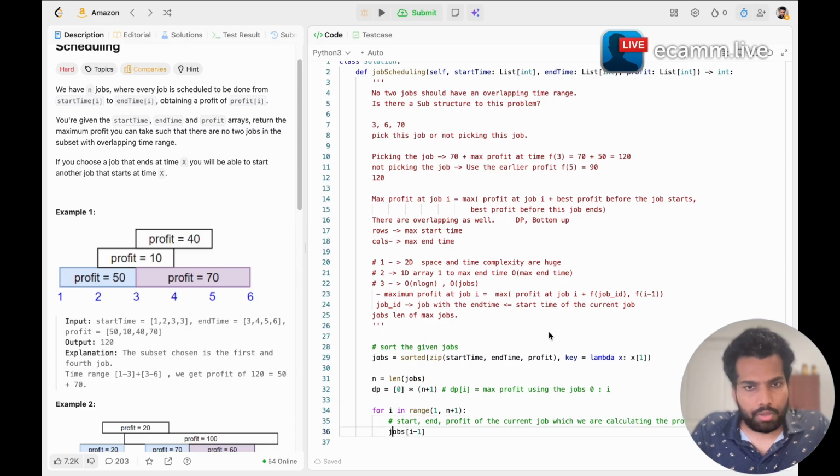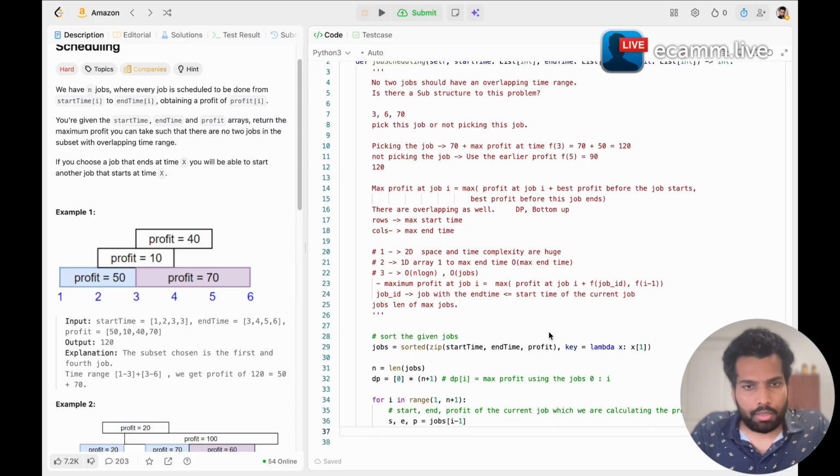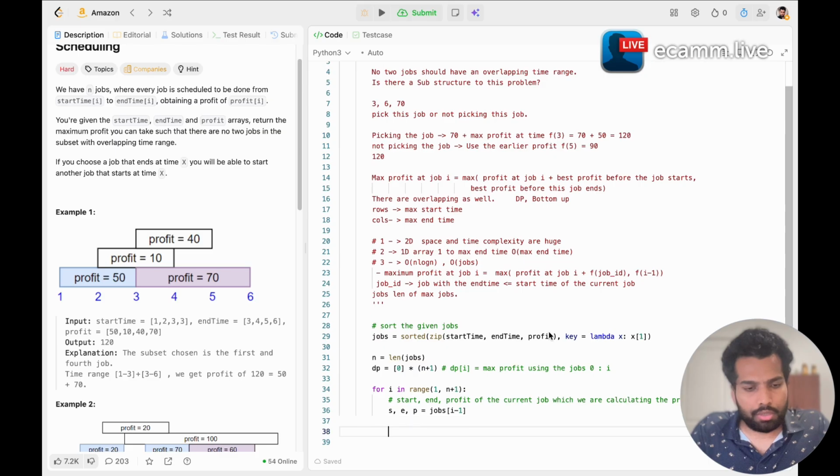So jobs[i-1] equals, let's say, s, e, p. I'm just unpacking it, and now we have two choices here, either to include it or skip it.